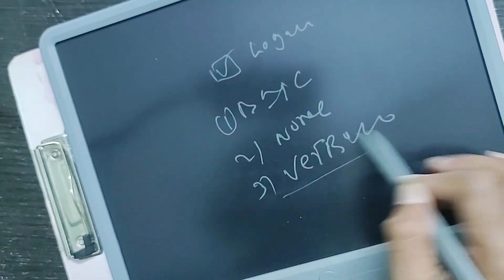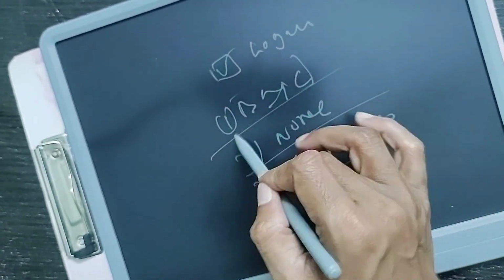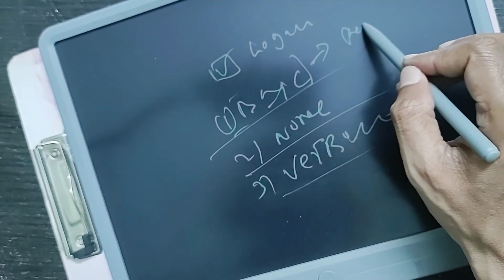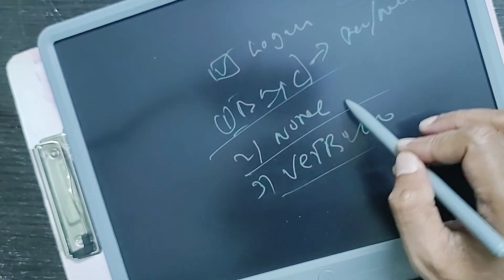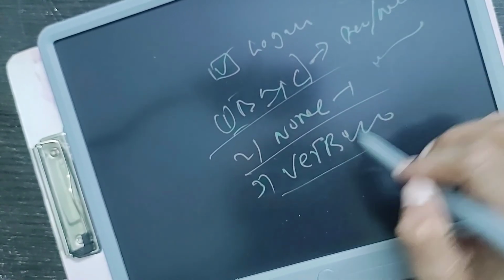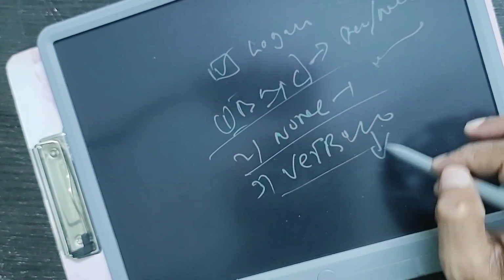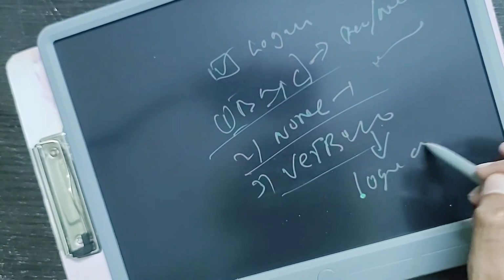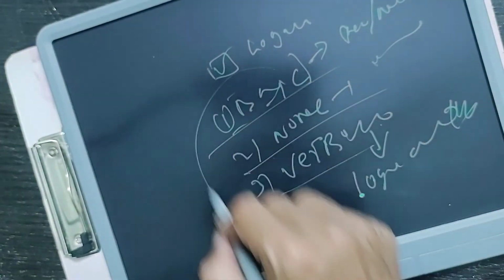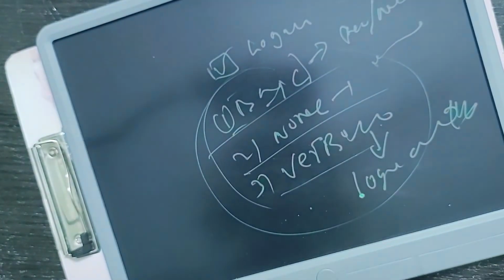So these are the three logging options. Basic means it will log all the read write options. None means very little, and verbose means it logs all the info basically. So you need to choose wisely which logging option you require.